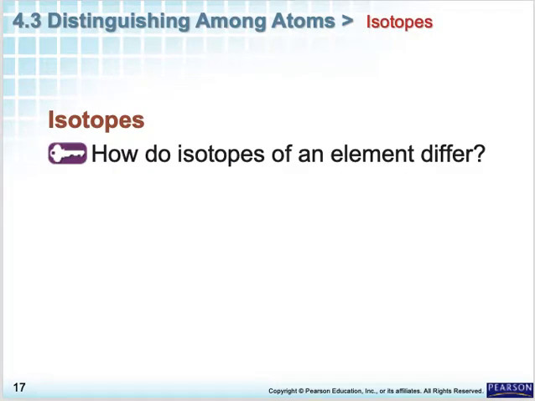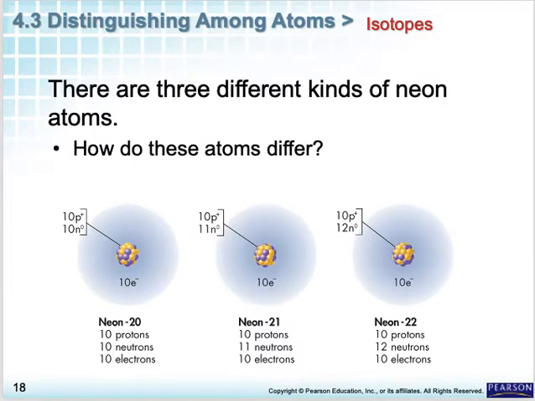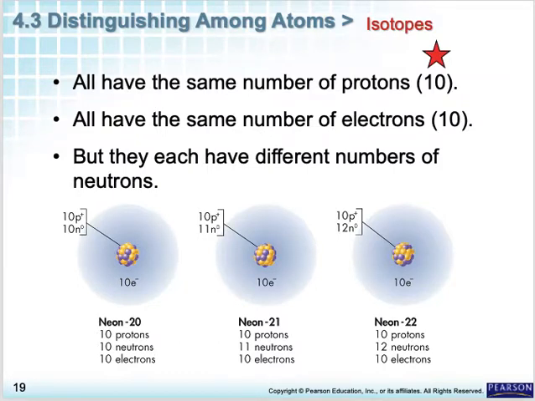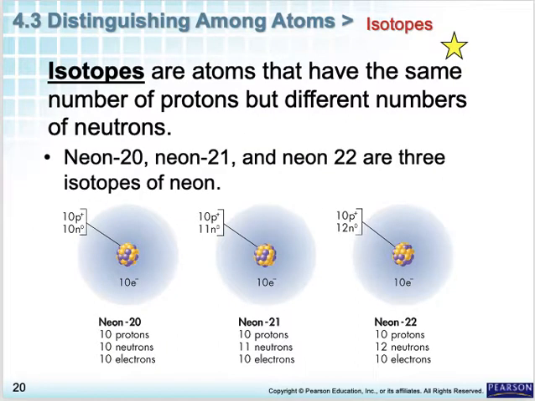How do isotopes of an element differ? Well, all of these are neon isotopes, and all of them have 10 protons and 10 electrons, but each one has a different number of neutrons. Isotopes are atoms that have the same number of protons but a different number of neutrons.